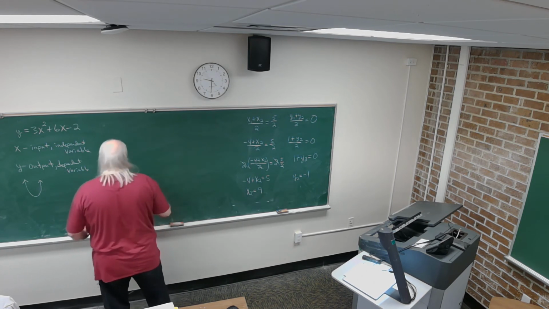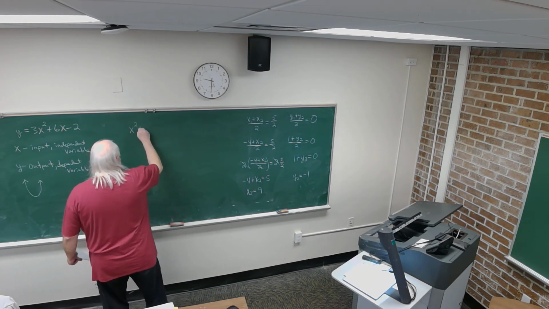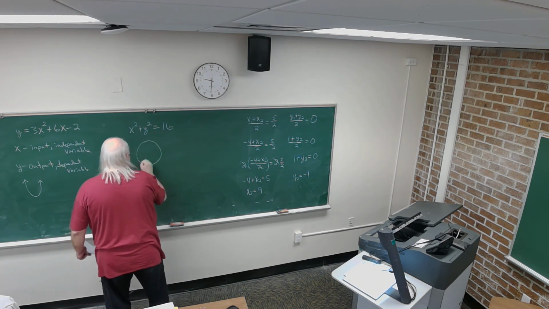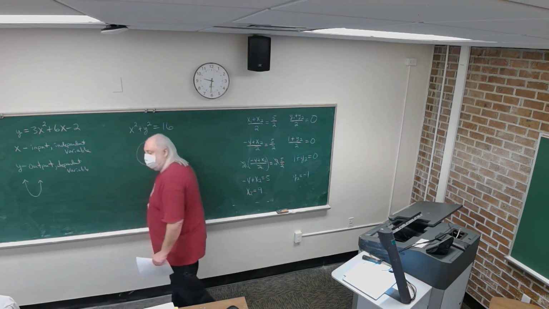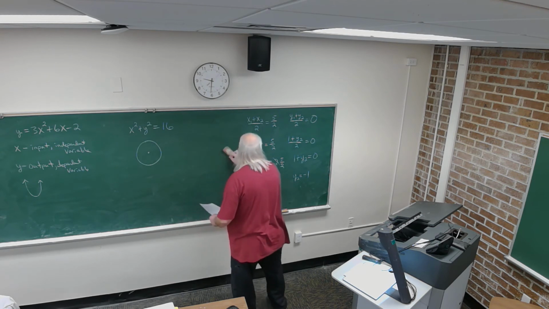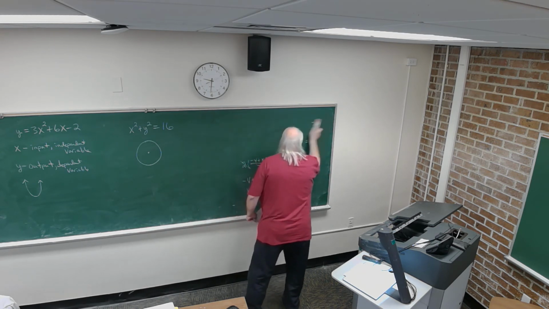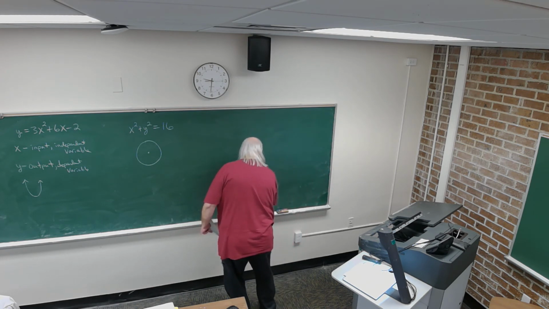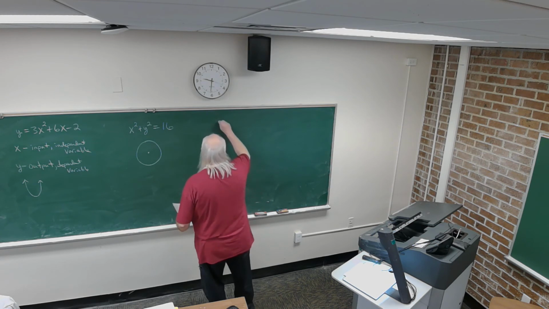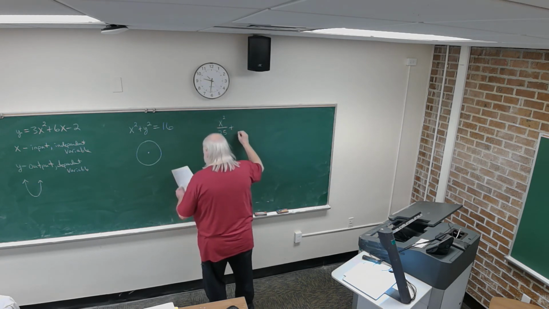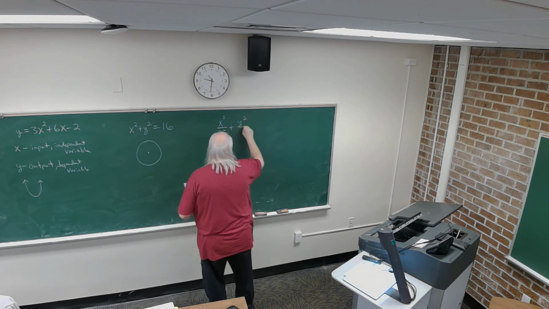The second equation, x squared plus y squared equals 16, is the equation of the circle. Okay. And the last one, x squared over 25 plus y squared over 9 is equal to 1.